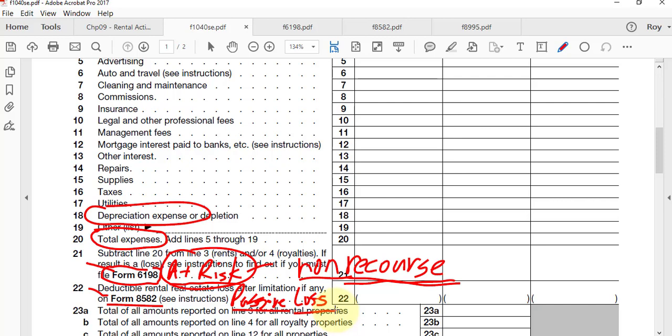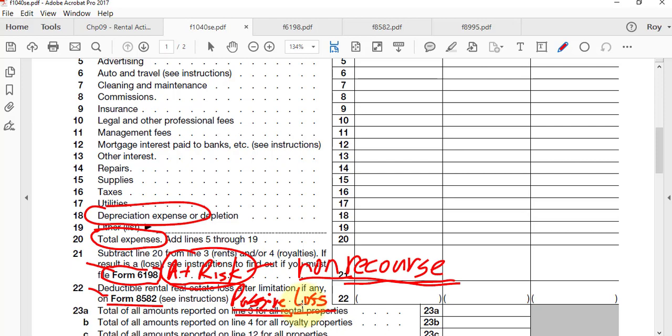So if you run a rental loss and you are really passive, laying back and not doing anything to earn that money, or in this case, a loss, the government says that you only can deduct any losses to the extent of any passive income you have. Okay? Passive losses can only be deducted to the extent of passive income you have for that same year.